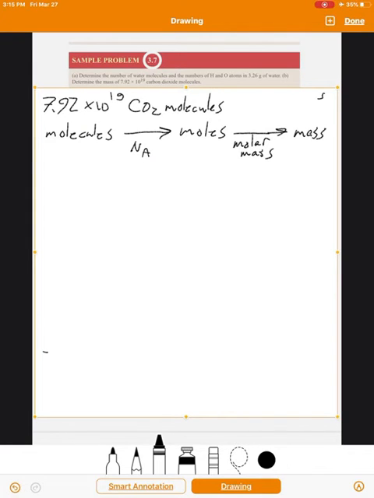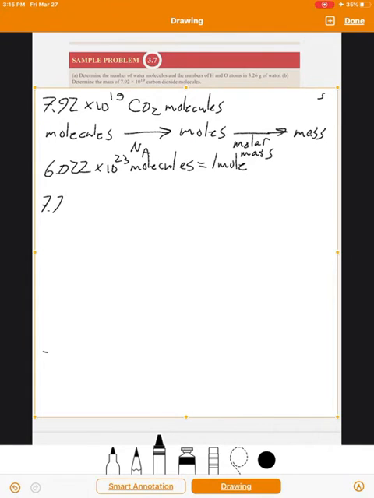So we need Avogadro's number. Well, that's easy. You could look that up. So 1 mole is 6.022 times 10 to the 23rd molecules. We have the number of molecules, so we want to convert that to moles.